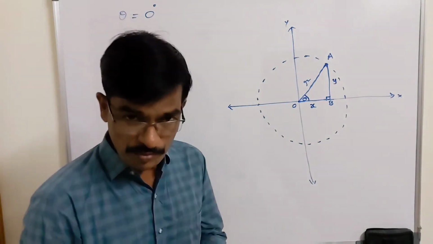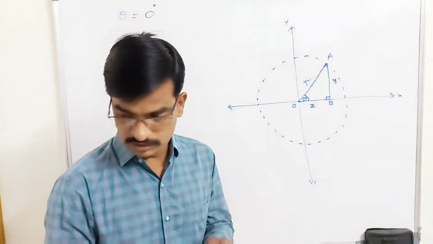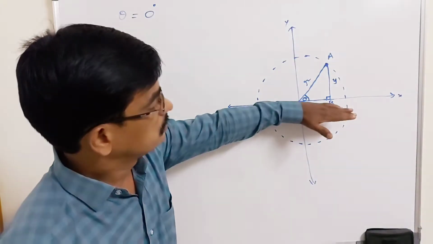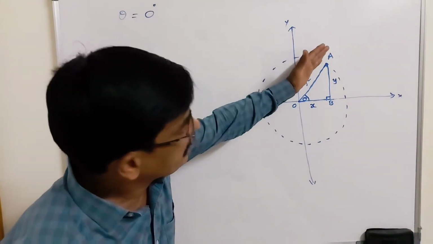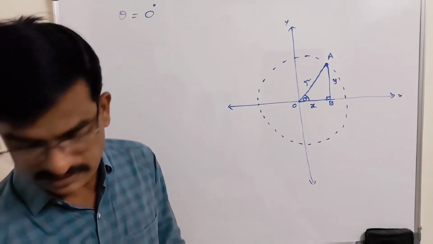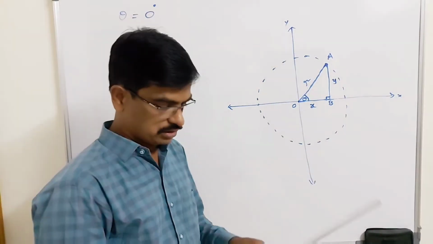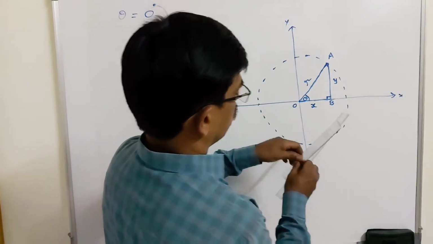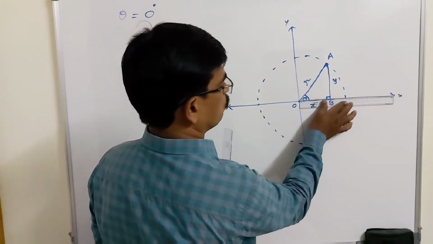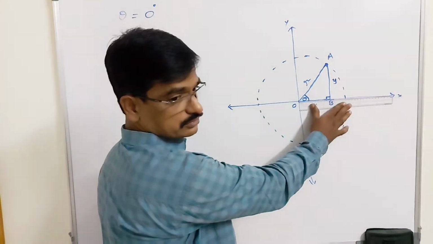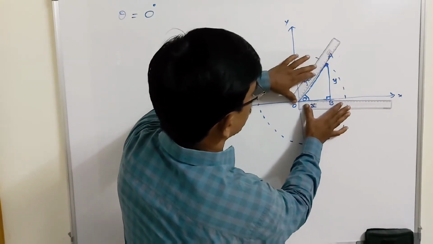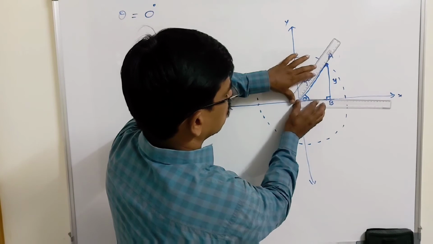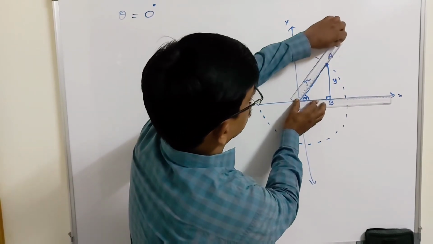OB is a fixed side. OA is the terminal side, rotating like this.